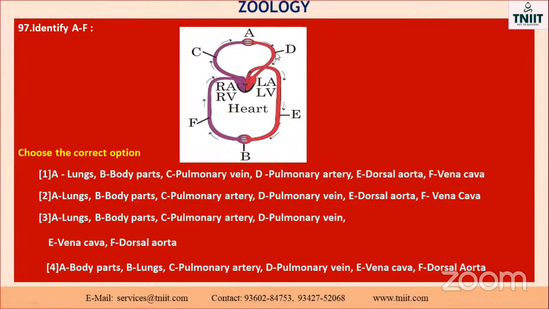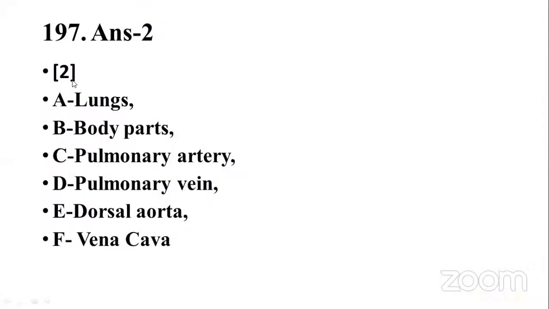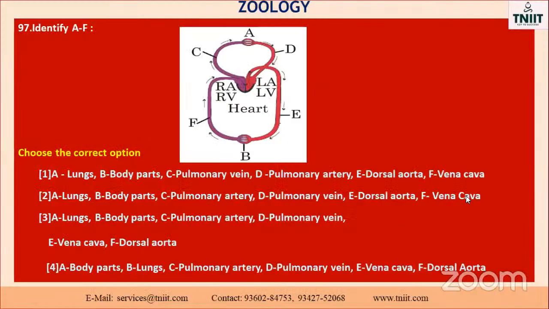Which one carries blue, which red? Pulmonary artery, pulmonary vein. And what about E? What about F? See this one. The first two resemble: lungs, body parts, pulmonary artery, pulmonary vein, dorsal aorta, and vena cava. So this is the option.